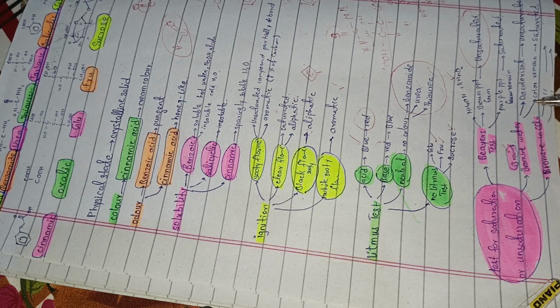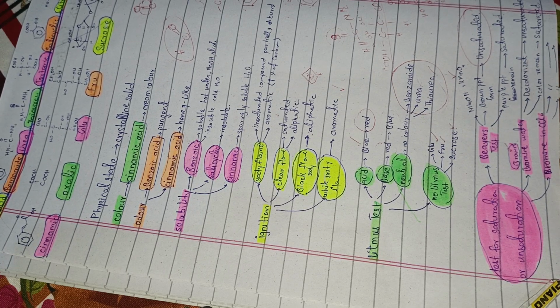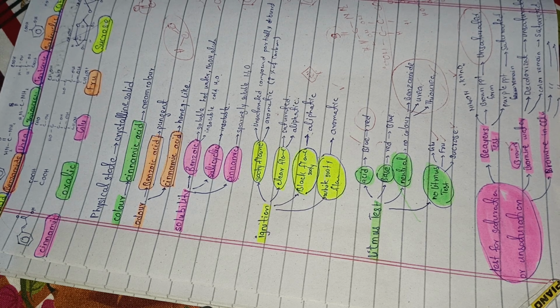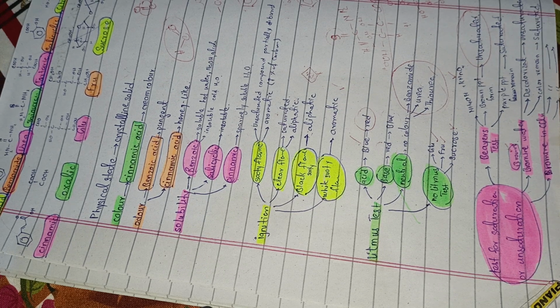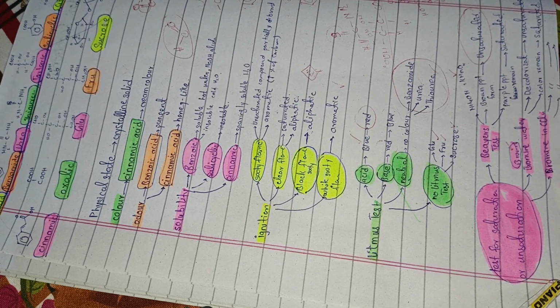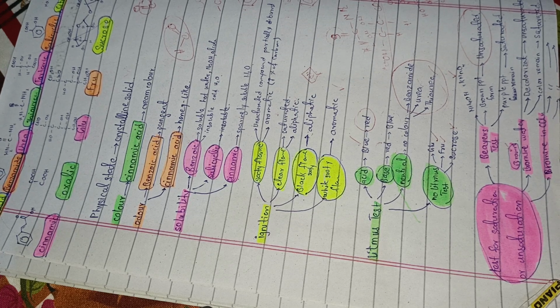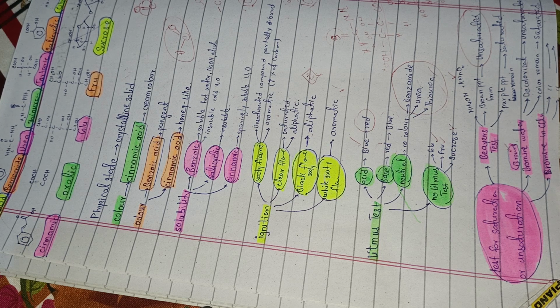Now if the brown color remains the same, then it means this is some kind of saturated compound. The results are the same for bromine in CCl4: if decolorization occurs, the compound is unsaturated, and if the color remains the same, then the compound is saturated. But we have unsaturated compounds, so we get decolorization.